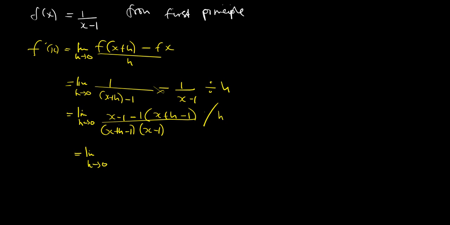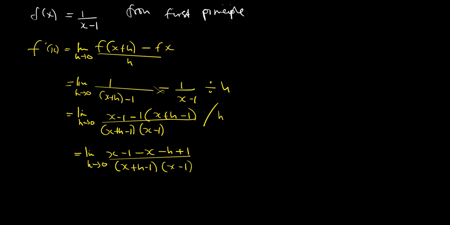I can even cancel from there, but before I cancel, I know I will confuse someone. So let me say x minus 1, then that minus negative, it will be distributed there. Then minus h again, then minus that will be now plus 1, right? Then over x plus h minus 1 open bracket x minus 1.